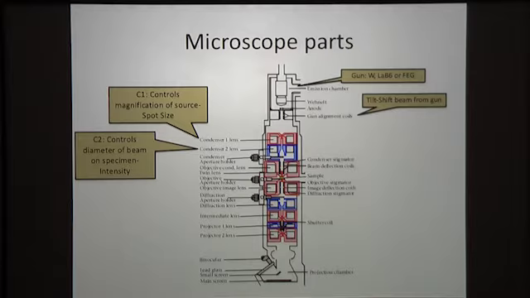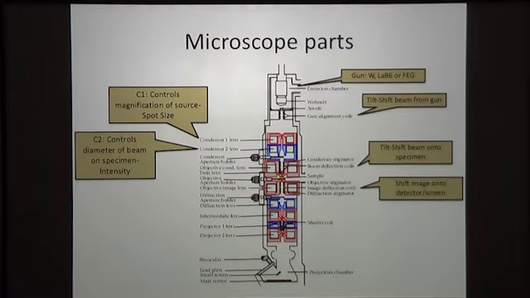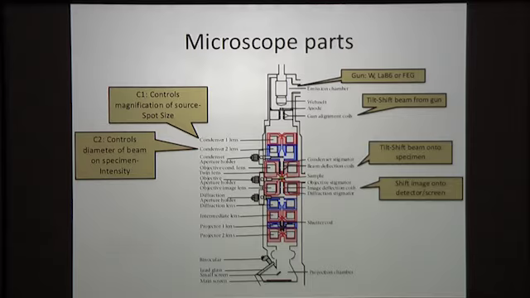So we have some of these coils near the gun, which are called the gun alignment coils. We have some just before the sample. These are called the beam deflection coils. And we also have some before the image is projected. These are called the image deflection coils.